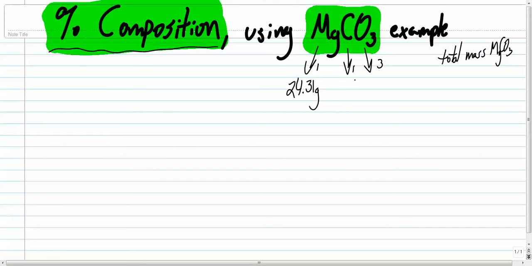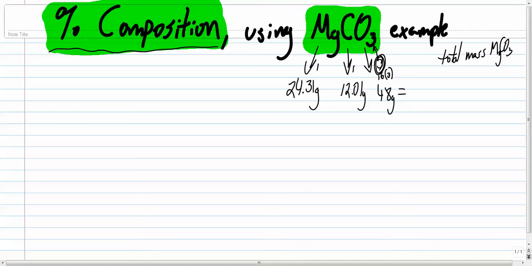If we go to carbon, carbon from that same table is 12.01 grams, and then oxygen is 15.999. I'm going to round that to 16, but don't forget I've got to multiply it by 3 because I've got 3 of them. So 16 times 3 is 48.